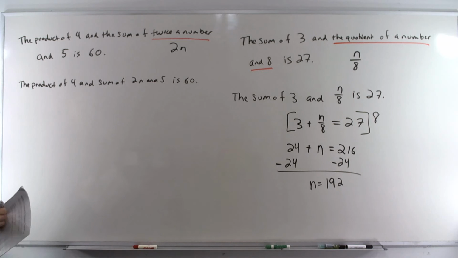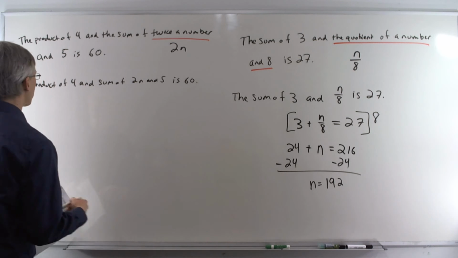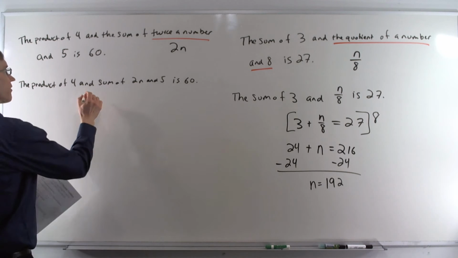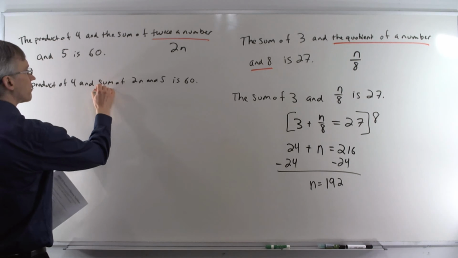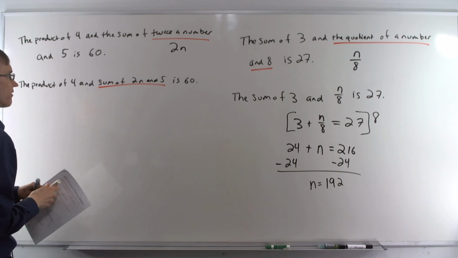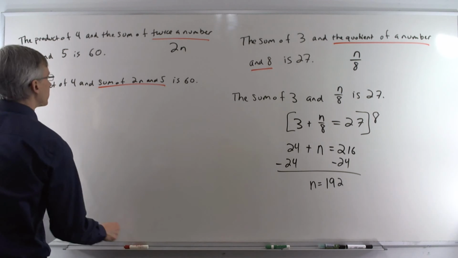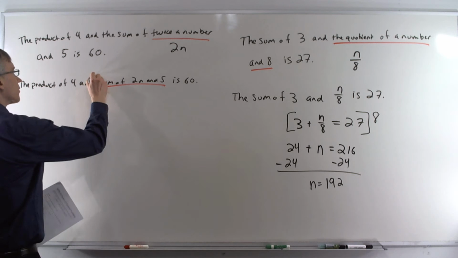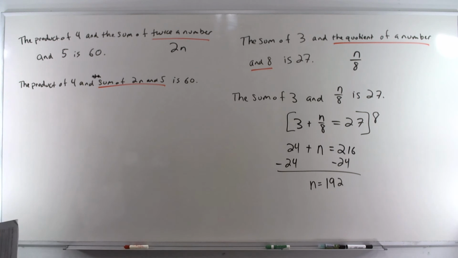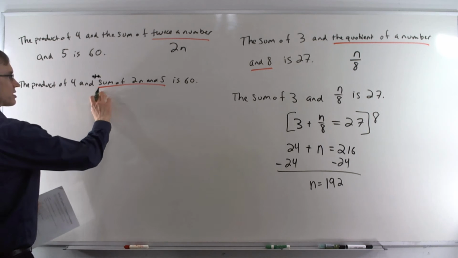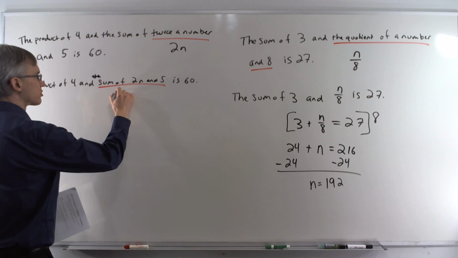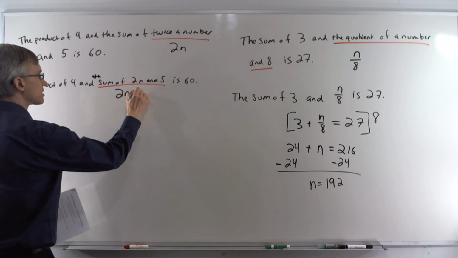Replacing the underlined phrase, we got the product of 4 and the sum of 2n and 5 is 60. So next simple expression here is the sum of, oh, it should be the sum of 2n and 5. So sum is addition, so this is translated into 2n plus 5.